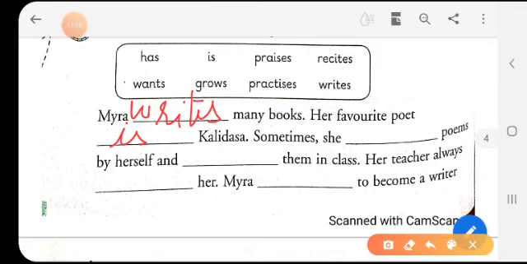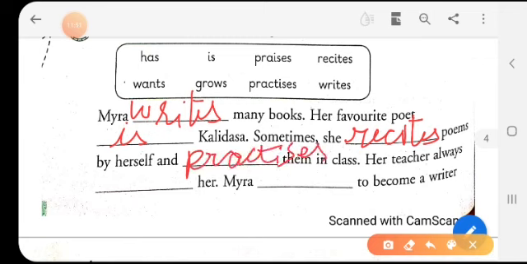Sometimes she recites poems by herself and sometimes she practices them in class.